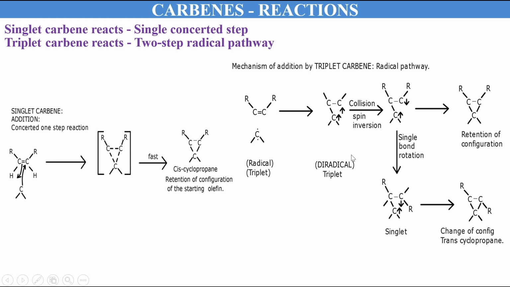If it is a triplet carbene, as we say, triplet carbene is a diradical, it follows a radical pathway. The one electron from the free radical combines with one electron from this C double bond C. One electron it donates, and they are antiparallel, they form the bond.